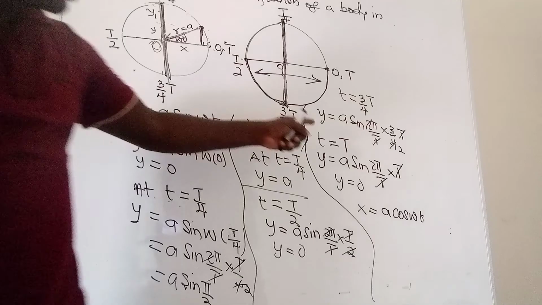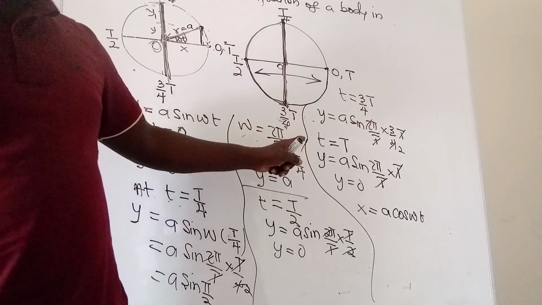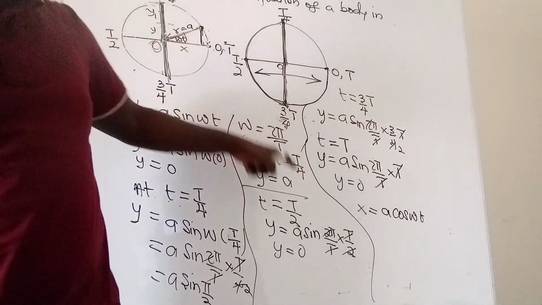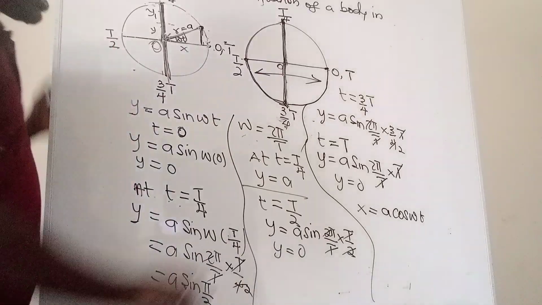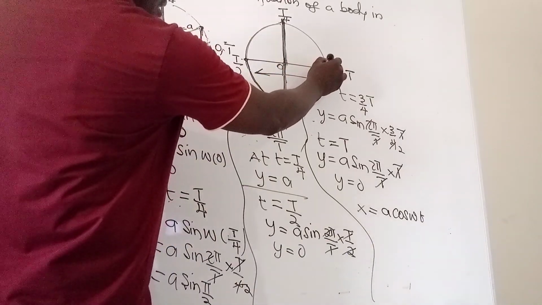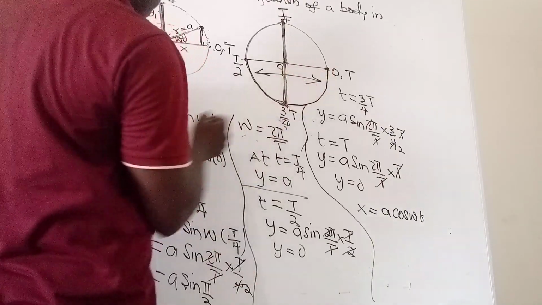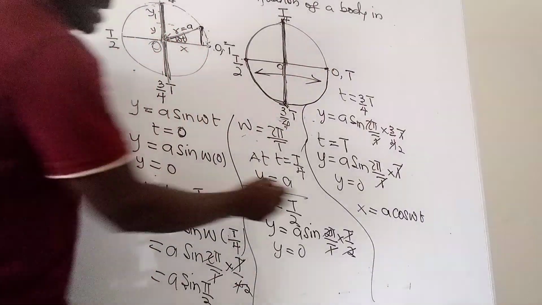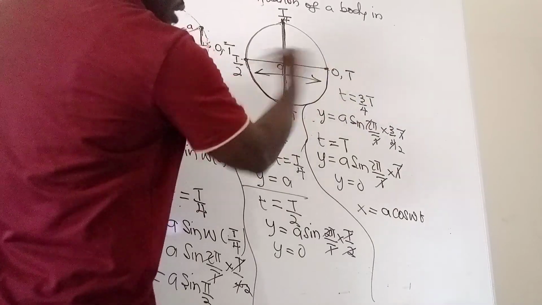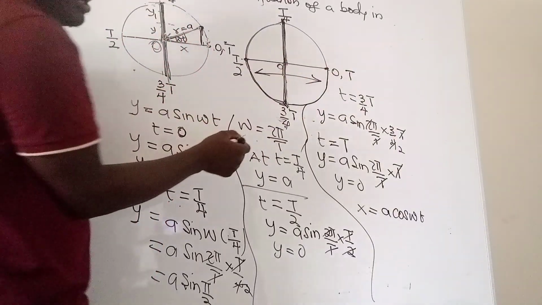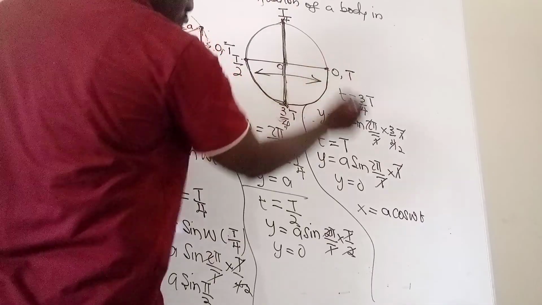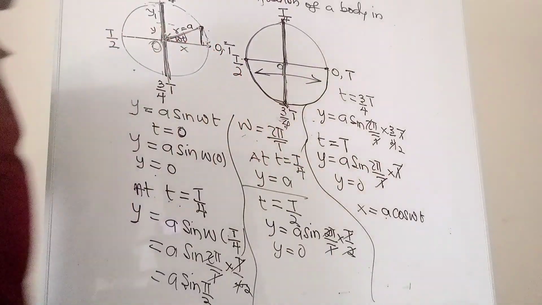Okay, the difference between the displacement along the y-axis and the x-axis is here. At t is equal to 0, the displacement for y is 0, just as we saw. But at t is equal to 0, if you are looking at the displacement along the x-axis, it will be equal to a, the maximum amplitude.